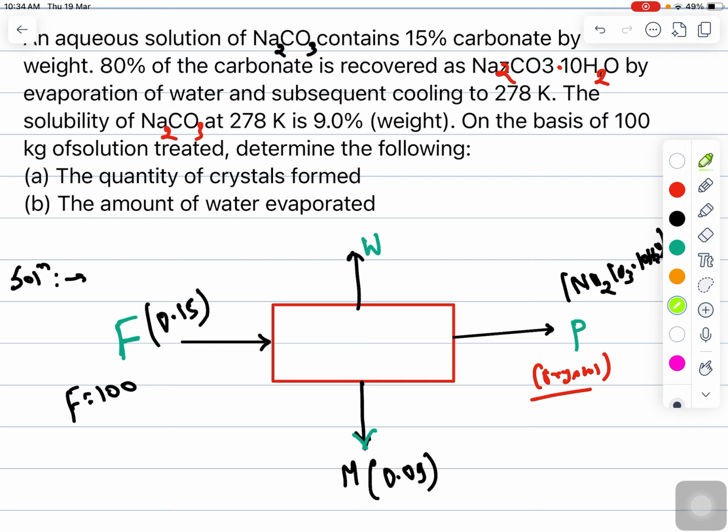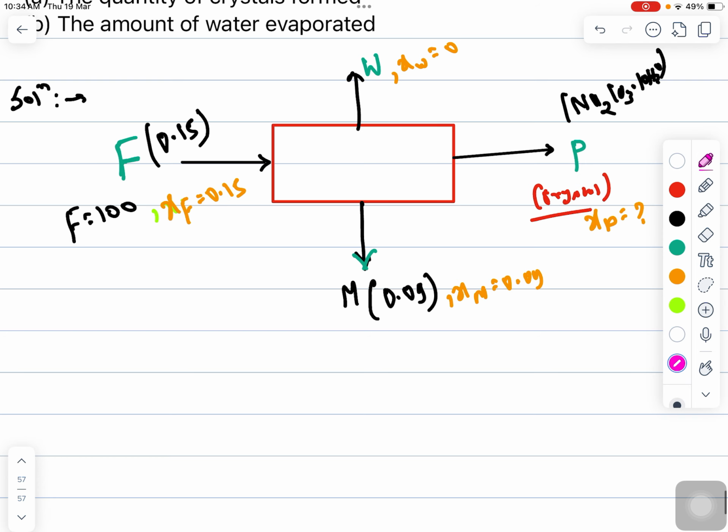So let's say here I will write the mass fractions. Let's say XF is 0.15, XW of the solute will be 0 here, XM you know is 0.09, and what would be the value of XP here? First of all you have to calculate the value of XP, that is the mass fraction of solute in the crystal.